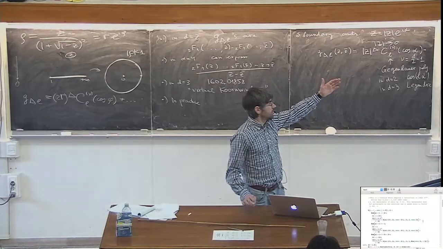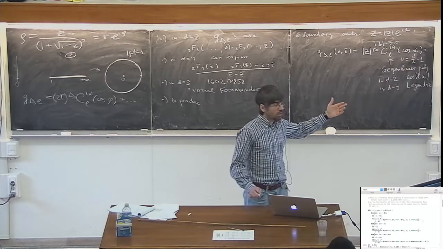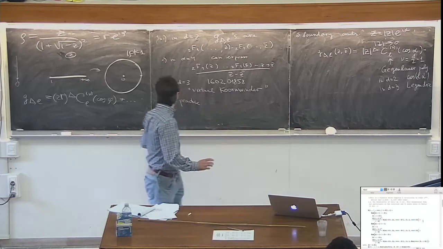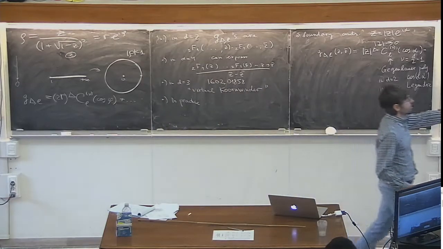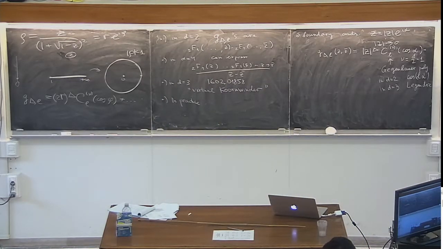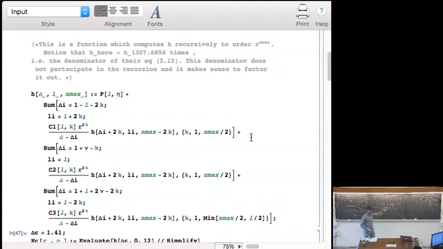This code realizes a recursion relation, which is an efficient way to generate this power series expansion. You see here there's this variable r, which is the variable that I have here, and a variable eta, which is cosine phi. The only reason I'm showing you this is to convince you that it's no big deal. If you ever need to write a code which computes these conformal blocks for you, it's just 10 lines.